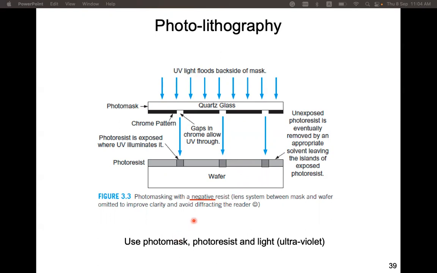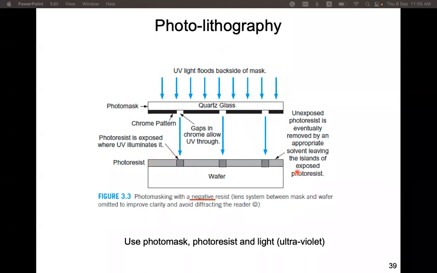In this example, it uses negative photoresist, which means the region that is exposed to light becomes hardened, and the region that is not exposed can be removed by solvent later. So that's the basic idea of the photolithography process. We transfer the pattern from the photomask into the photoresist.